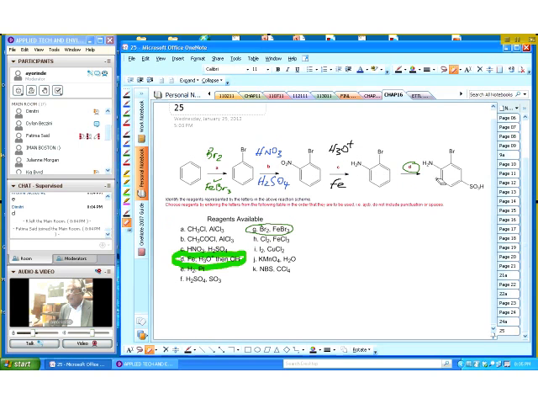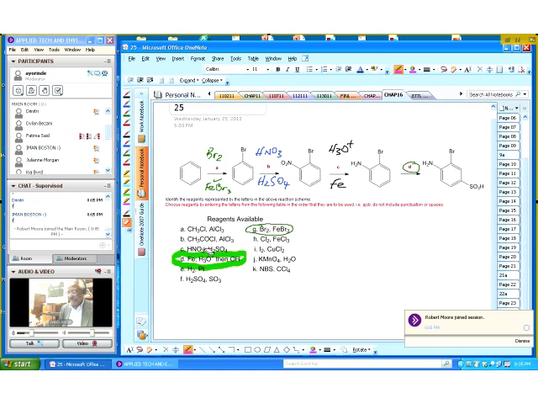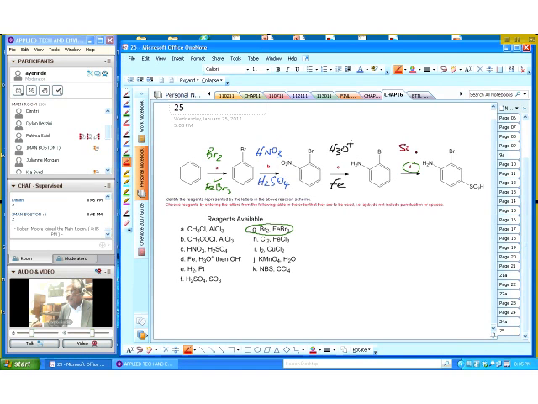About D, going from here to here, they want us to do sulfonation. F, okay, great. Let's see what F says. Where is F? That is sulfonation. So you guys are rolling. Very good. So that is F. That means we take sulfur trioxide in the presence of sulfuric acid.